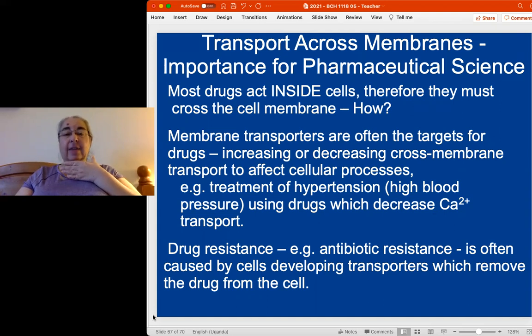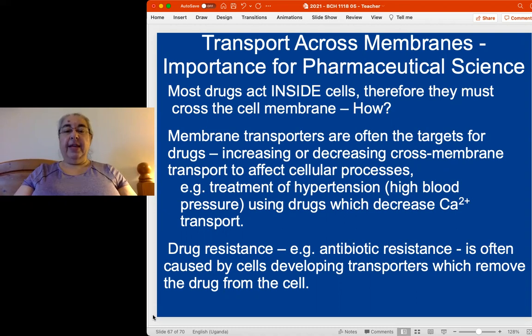To get inside the cell, they must cross the cell membrane. So how is the particular drug that you're interested in going to get inside a cell? Can it be taken in by endocytosis? Can it be taken in by transport? Will it diffuse into the cell? These are questions that need to be answered about any particular drug.